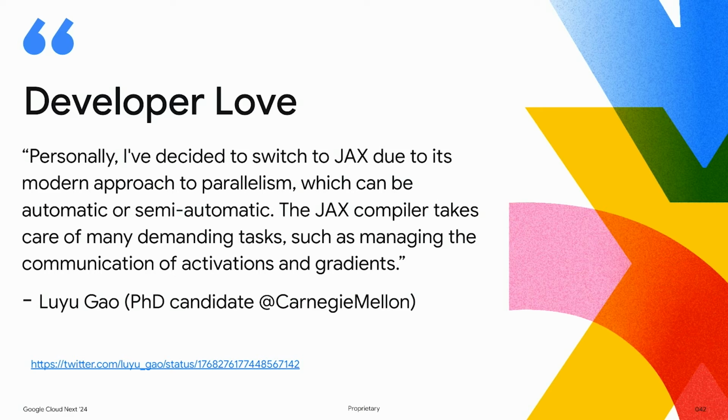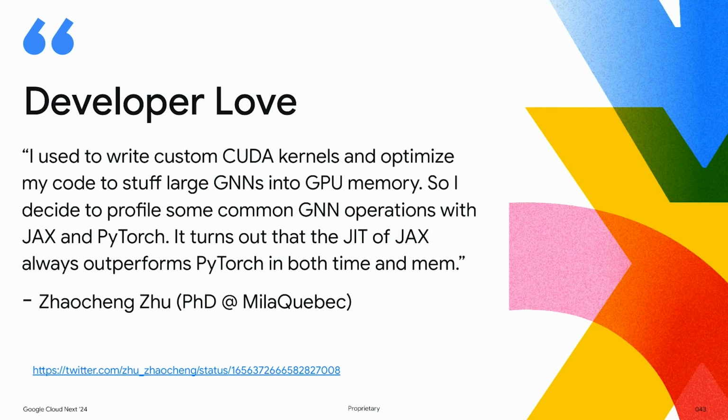Similarly, Liu Gao decided to move to JAX because it takes many of the demanding tasks away from him. He doesn't have to worry about things such as managing communication of activations and gradients. Jiazheng Chu used to write CUDA kernels. Probably some of you have written CUDA kernels.